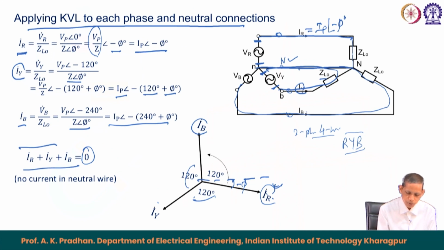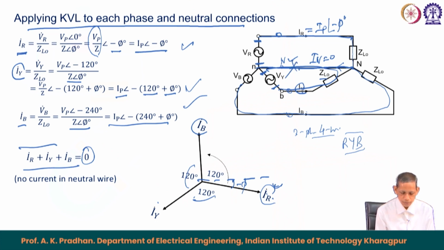It means that if we apply KCL here, the neutral current IN becomes equal to 0. So, if the currents are balanced, the current through the neutral in a 4 wire system becomes 0. So, this becomes redundant; we do not require the 4th wire.